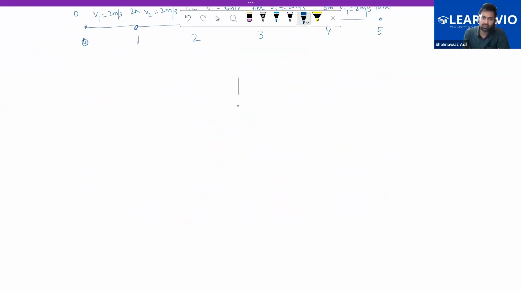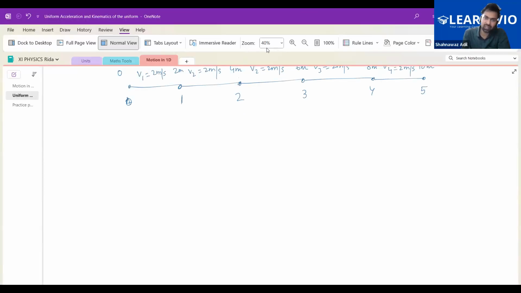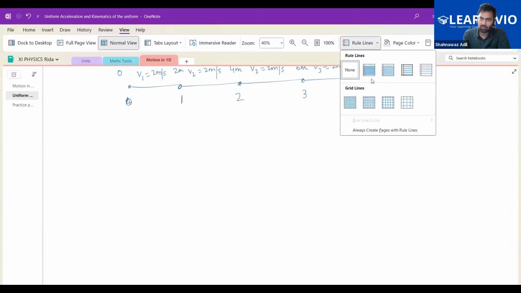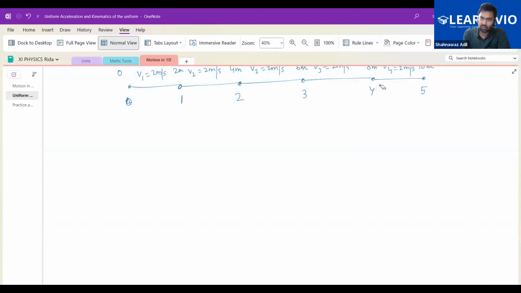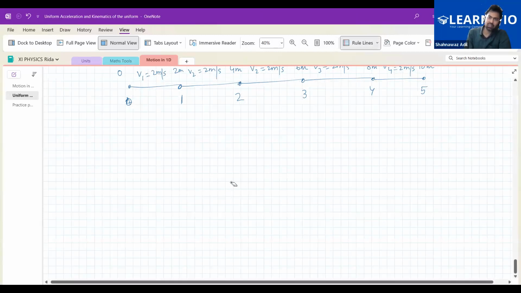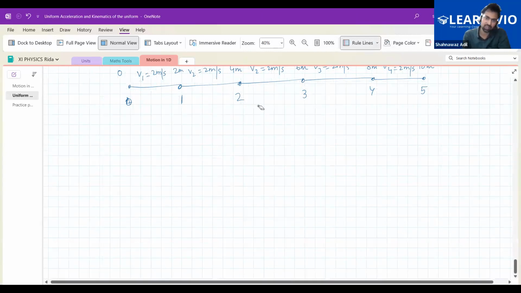We don't have graph paper, so let's use grid lines. This is very small. This is again small. Let's use this one.